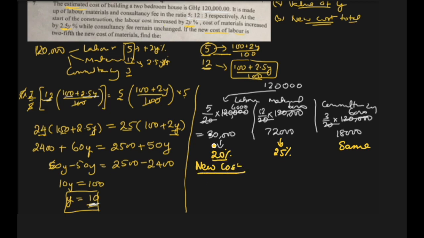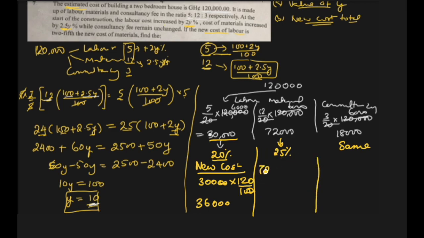So now we will find the new cost. So 20% up from 30,000 will be 30,000 times 120 over 100, right? 100 plus 20 over 100. So 2 zeros go from here, we get 36,000. Okay. What about this? 25% up here.